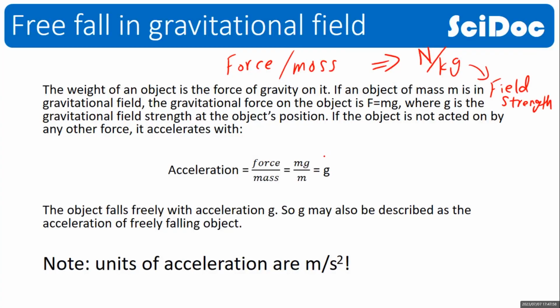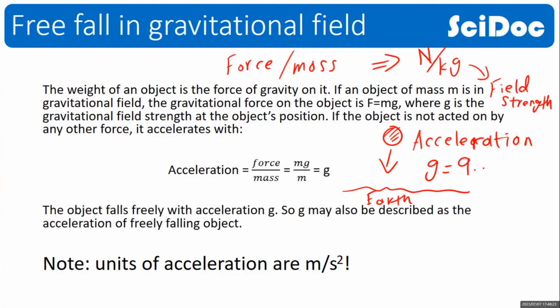Whereas if we look at the unit for the acceleration of a free falling object, let us suppose this is the surface of the earth, and there is an object, a ball, which is falling towards the surface of the earth. So it will be accelerating towards the surface at a gravitational acceleration g, that is 9.8, Newton per kilogram. So the gravitational acceleration and the field strength both have the same units.